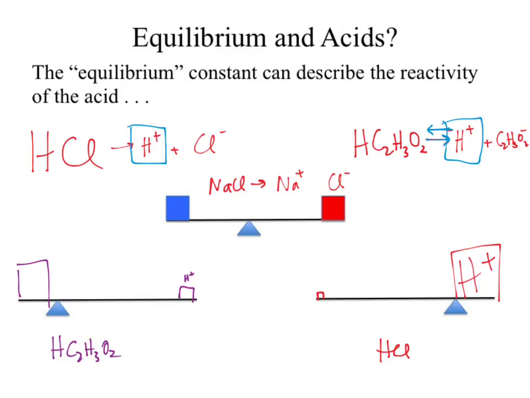In one case, we see a very small amount of H+ in the case of our acetic acid. And in the other case, we see a massive amount of H+ with the hydrochloric acid. Both of them are acids, but they have different equilibriums. That difference in equilibrium makes a dramatic effect on the safety of each of those individual chemicals.